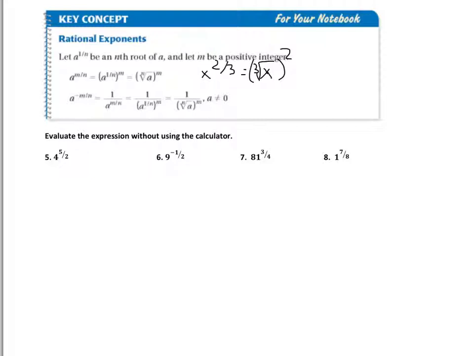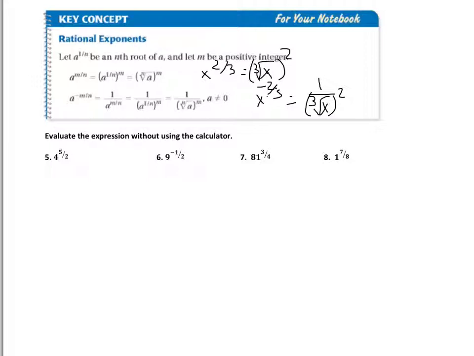And then if it's negative, it moves down. So if you had x to the negative 2/3, it would be 1 over the cube root of x squared. The denominator is always the root. The numerator is always the exponent.